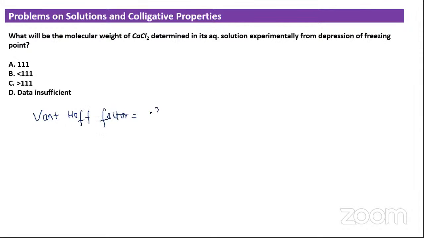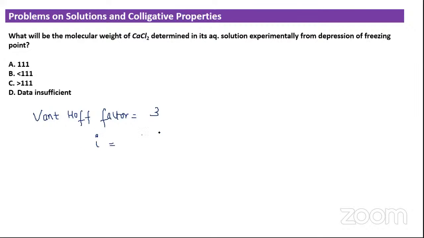Van 't Hoff factor 3 है. And there is a very simple relationship between van 't Hoff factor and molar mass of solutes. Have you heard about it? So this is the relation.